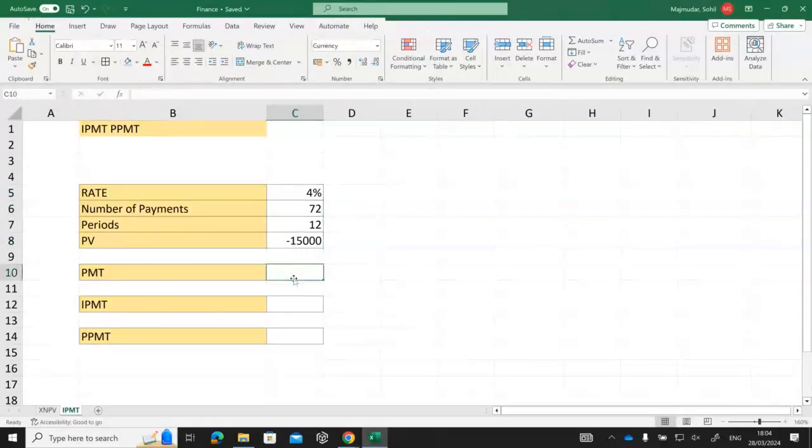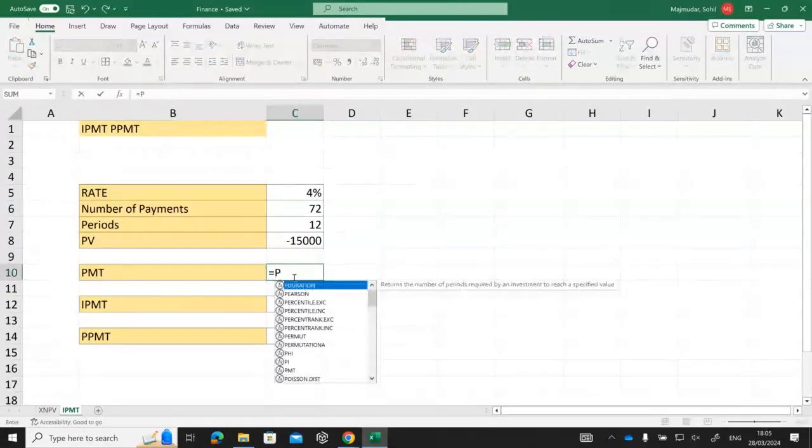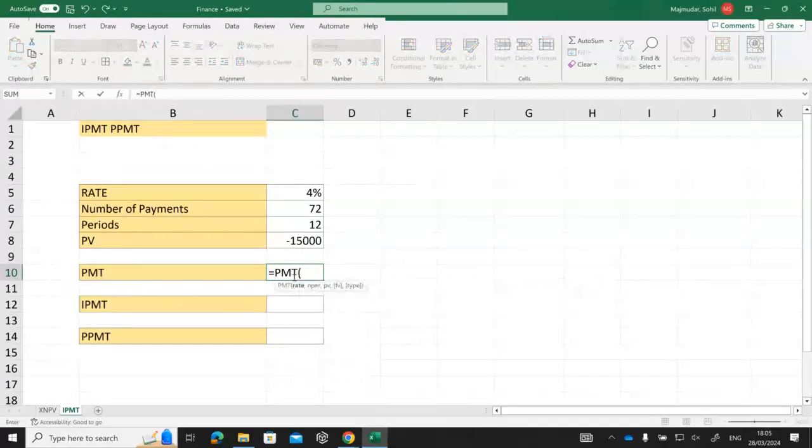So how do you do PMT? If you don't remember, write this down. You do equals PMT and open a bracket. PMT will give you the monthly payments. So if you ever decide to take a loan, if you use PMT, it will tell you your monthly payments. The first thing you do is click on the rate.